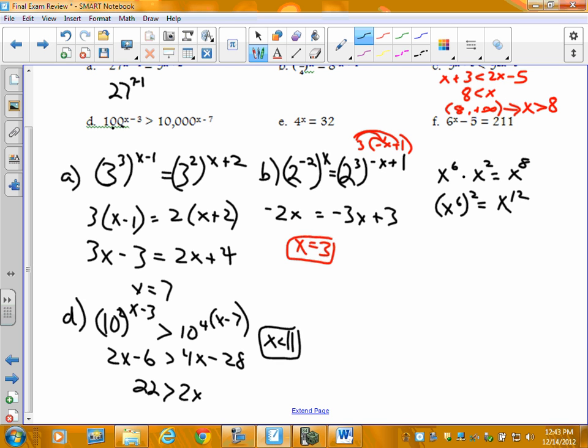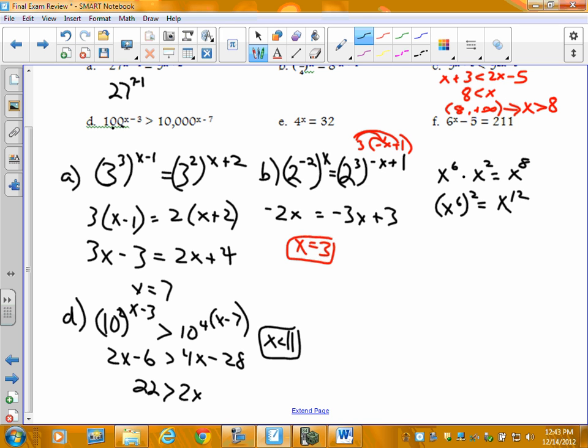Give me a number that's less than 11. Try one of those real quick and see if it works. That's how you know you're getting them right. X is less than 11. So try 10. Throw 0 in. 0 is less than 11, and 0 is easy to check.